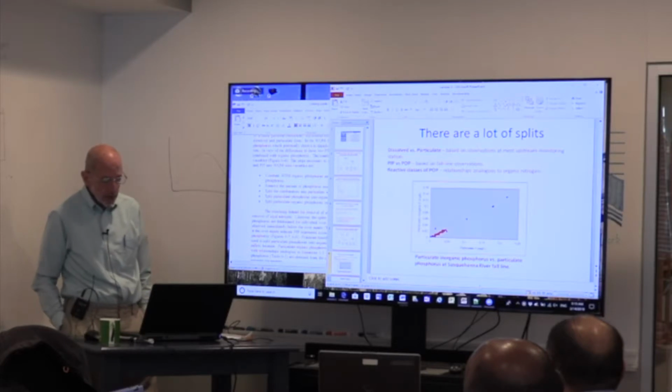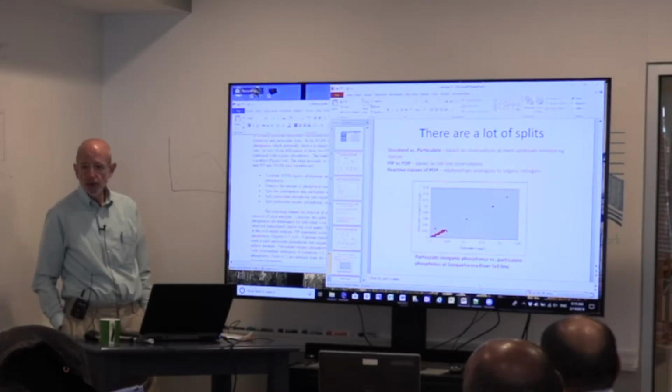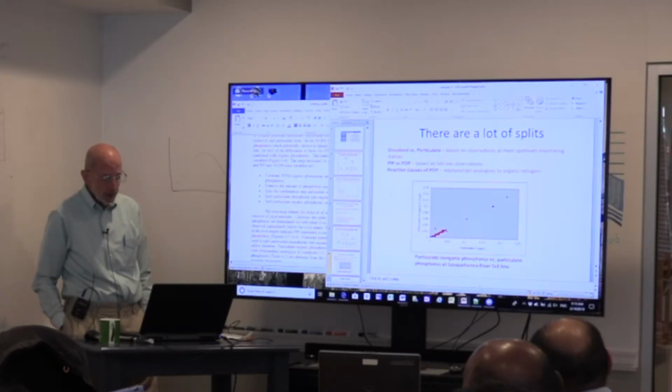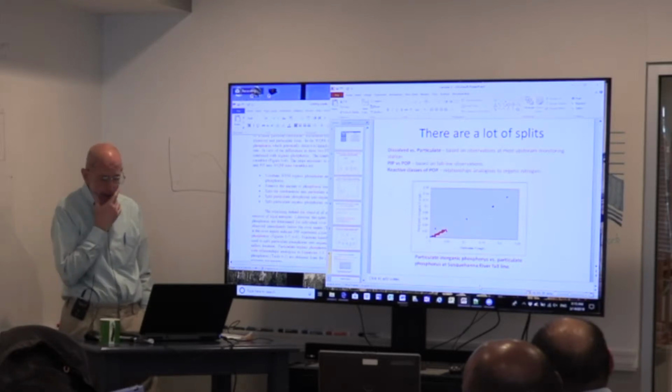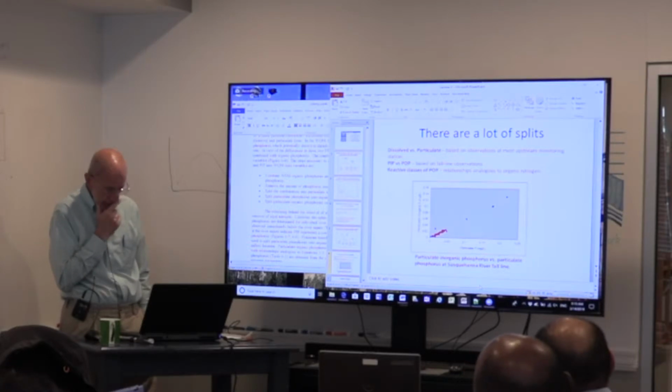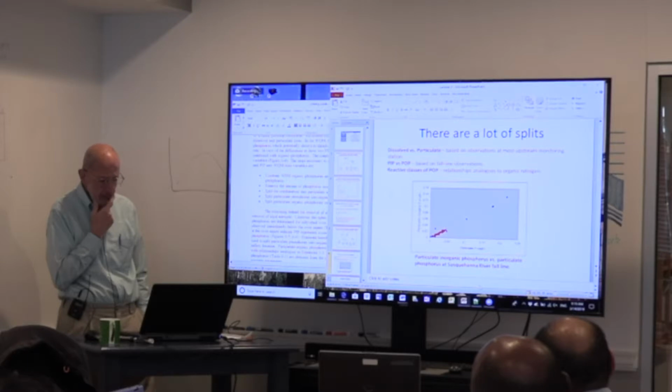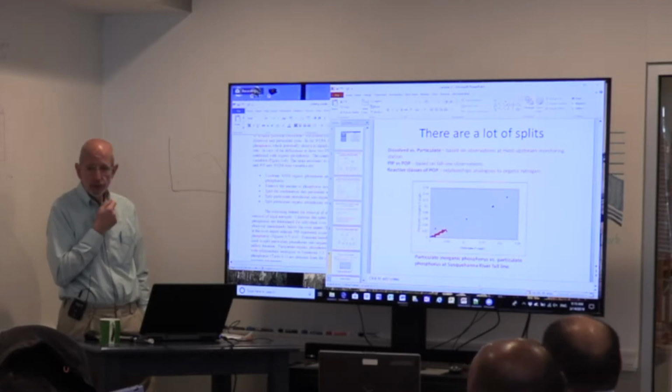Dissolved versus particulate comes from observations at the most upstream monitoring station. PIP versus POP are actually based on observations upstream of the dam. And then the reactive classes use relationships analogous to organic nitrogen. That figure I showed either yesterday or the day before shows that PIP is a lot of the particulate phosphorus.